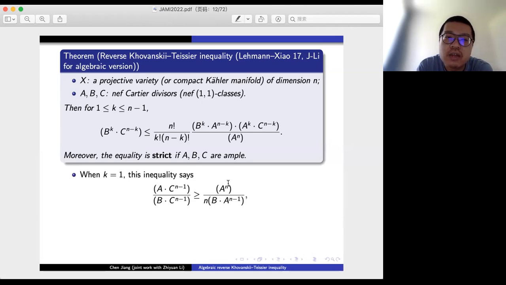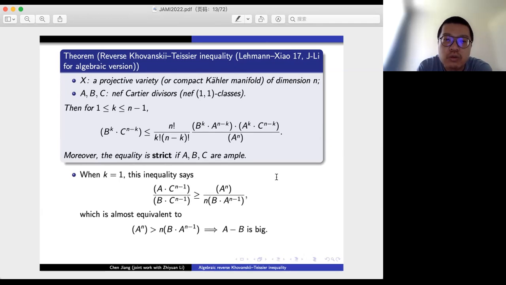Then it says that the left-hand side is bigger than the right-hand side. And if you write it in a linear form, you will see that this is almost equivalent to this form.